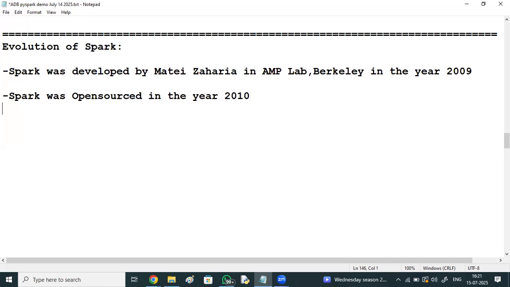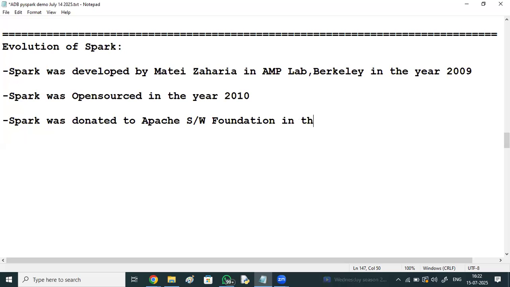Spark was open sourced in the year 2010. Spark was donated to the Apache Software Foundation in the year 2013.